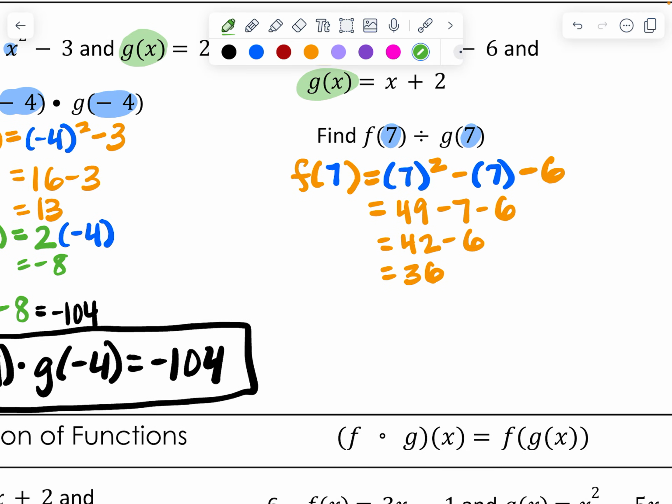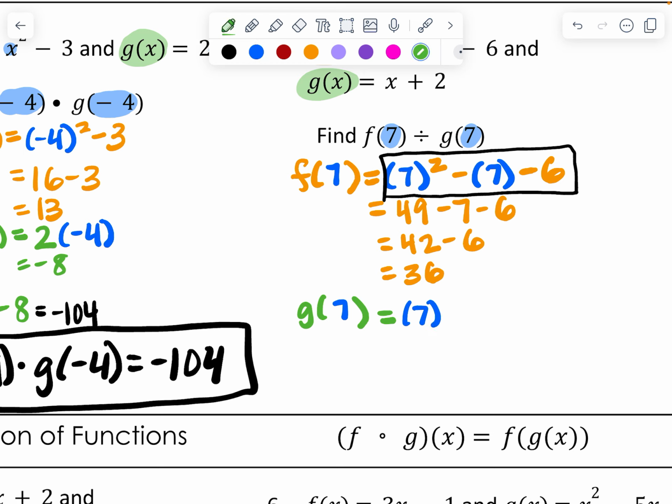And now let's do g. G of 7 is, and remember, you can just go ahead and put this in your calculator. You don't have to do it by hand. You're going to put this whole thing in your calculator, you definitely can. And you would get 36. Okay, g of 7 equals 7 plus 2, which is 9.